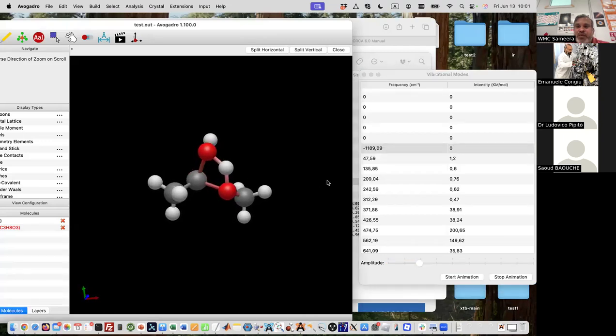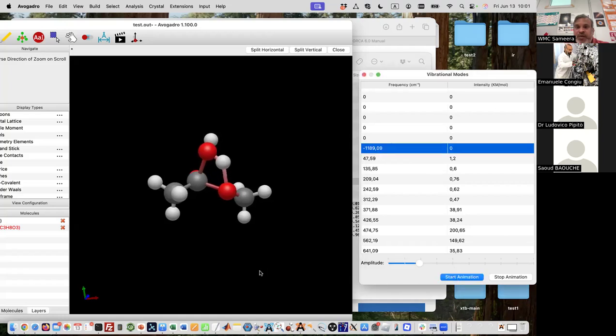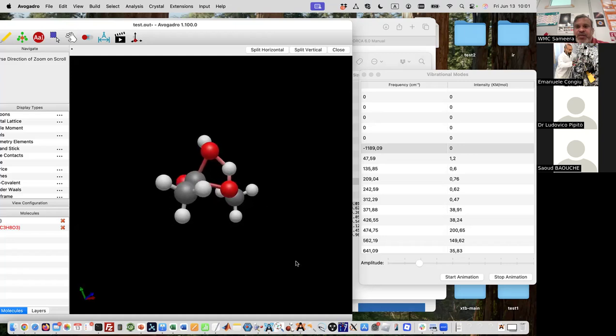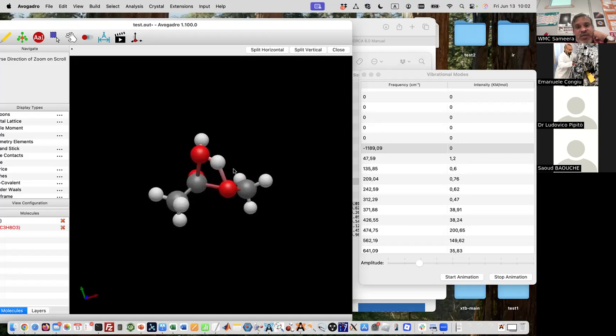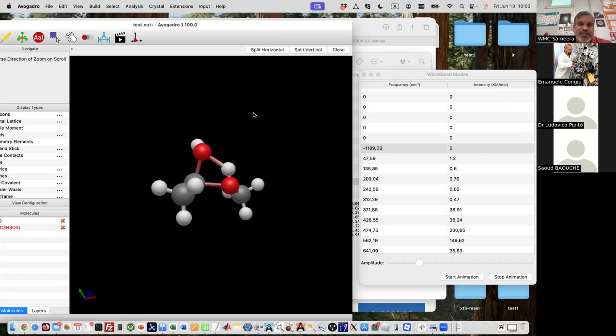And it's very important you look at the motion of the vibrations corresponding to the imaginary frequency, and you can clearly see that an atom is moving from one oxygen to the other oxygen. So that's very nice. That's exactly what we really want to see during the reaction. That's what we expect. That's very nice.